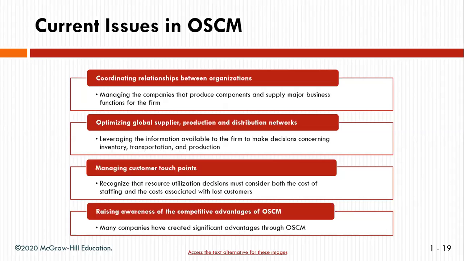It is managing the company that produce component and supply major business function of the firm. We will bring some softwares. You will look at them, very sophisticated ones, and how they work in this CRM or BPM or BAI. These are information that you're going to look at. So we will have a two-way of looking.